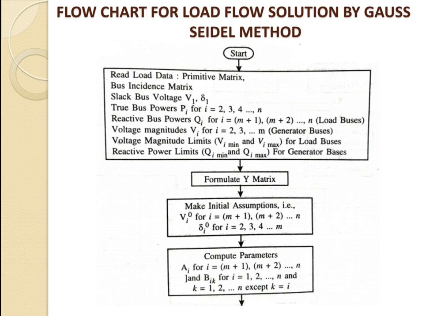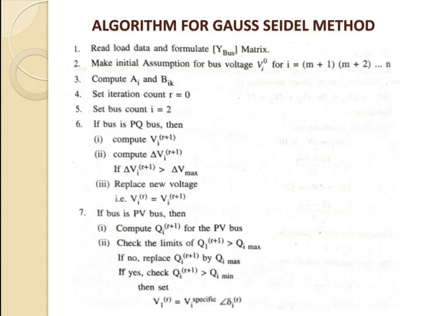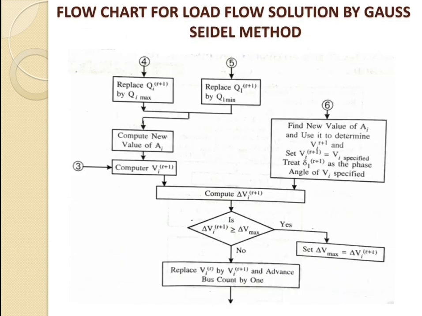Then voltage magnitude within the limits Vi minimum and Vi maximum for the load buses. Then the reactive power limits Qi minimum and Qi maximum for the generator buses, for i equal to m plus 1, m plus 2 up to n. This is step number 2.